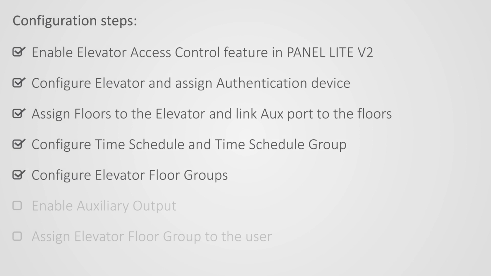This completes the fifth step, configure elevator floor groups. Let us move on to sixth step to enable aux output.